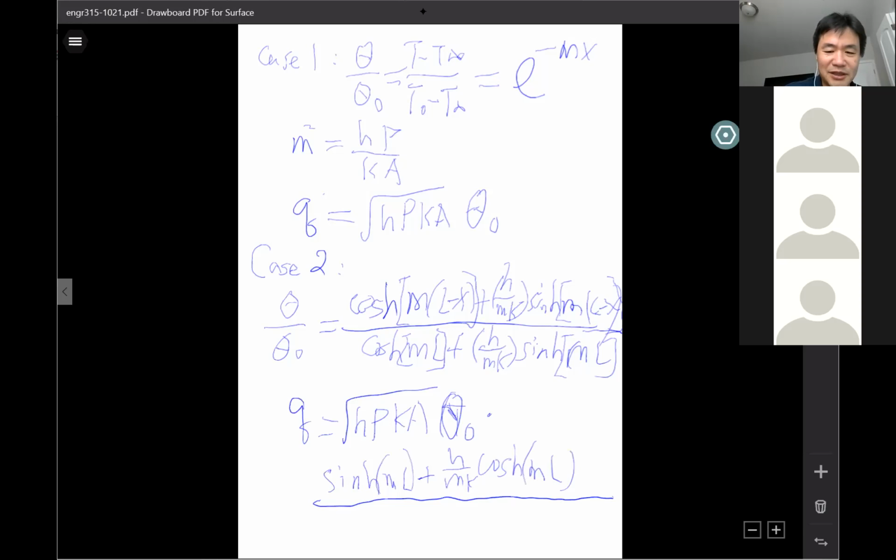I'm writing the correct way. Cosh mL over, sinh mL.